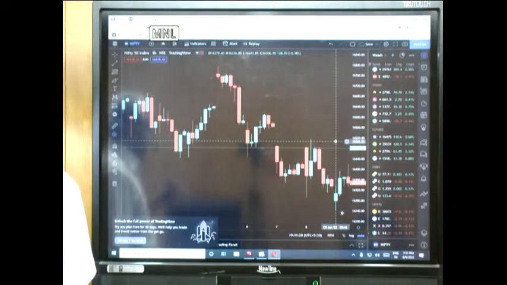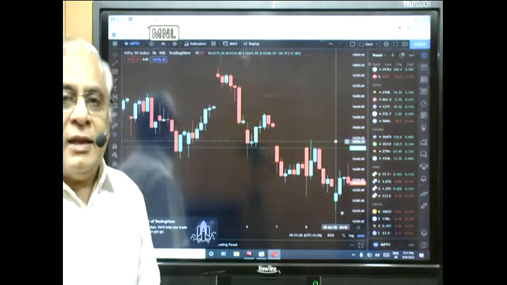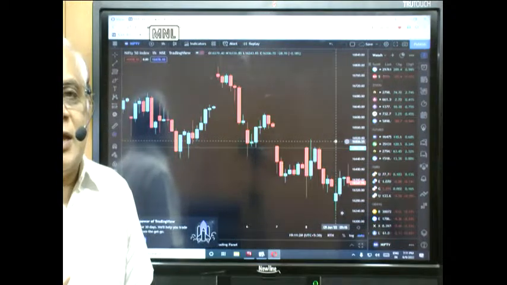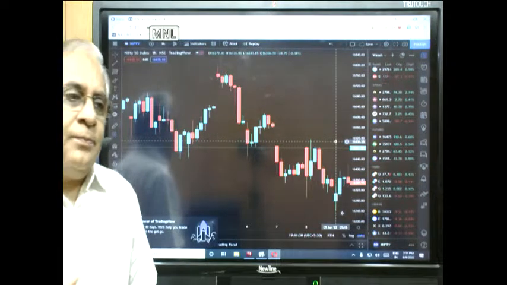This is an hourly chart, but we are just trying to explain this. 16,100 is the level which we talked about as a place where the likely trend change can take place, right?